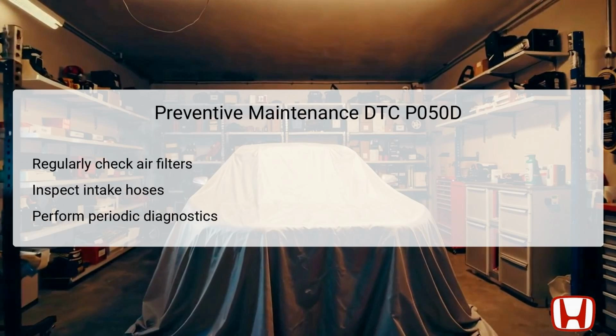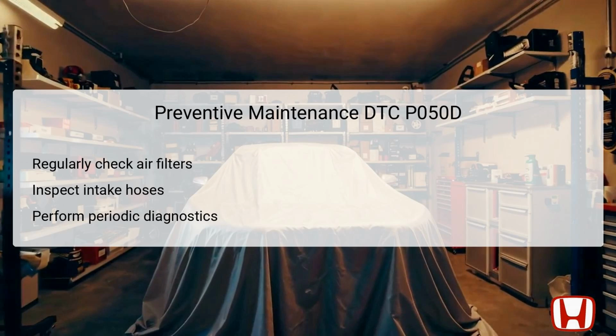To prevent the recurrence of code P050D and maintain optimal performance, regular preventive maintenance is essential. It is advisable to frequently check and replace air filters as necessary, as a clean filter is crucial for proper airflow into the engine.